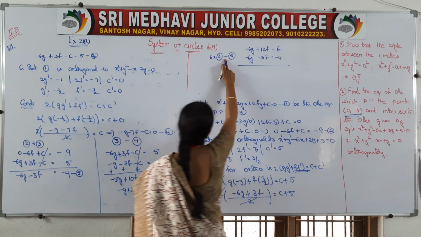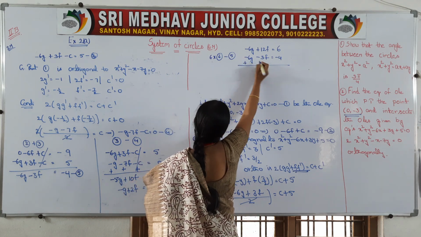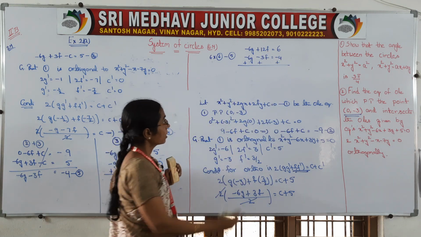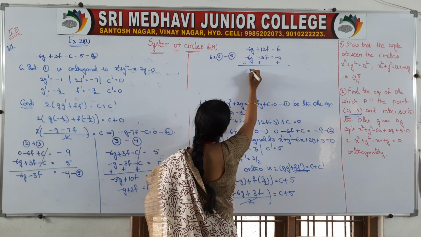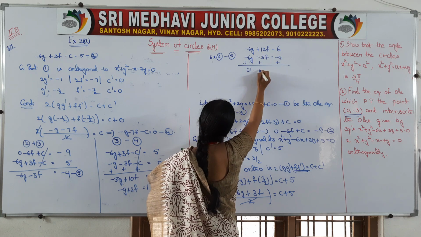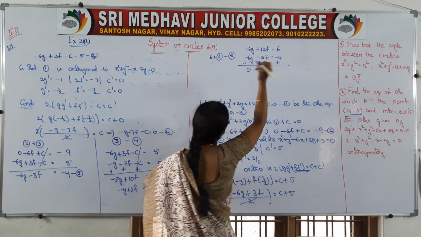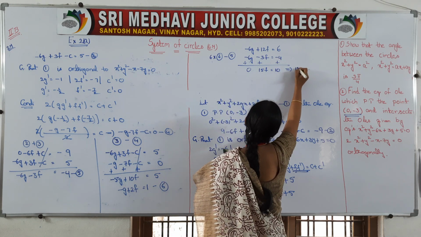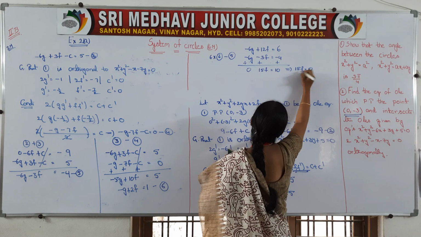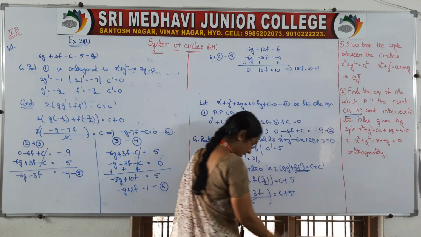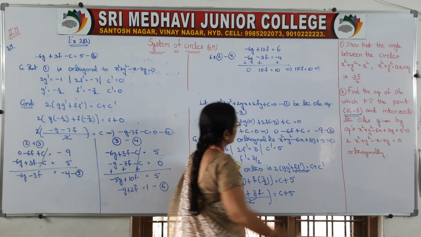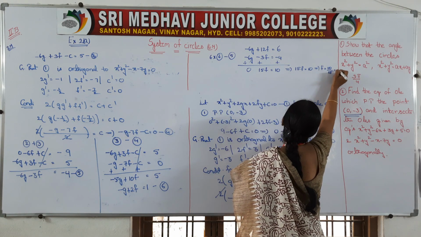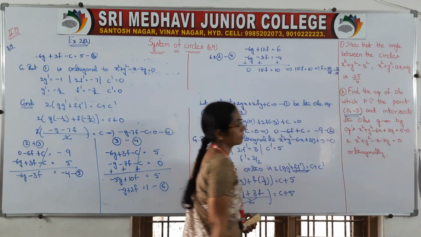We are doing subtraction, so it becomes plus. These two will get cancelled, and here you will get 15f is equal to 10. So 15f is equal to 10 means sending 15 to the other side, f is equal to 10 by 15 is equal to 2 by 3.